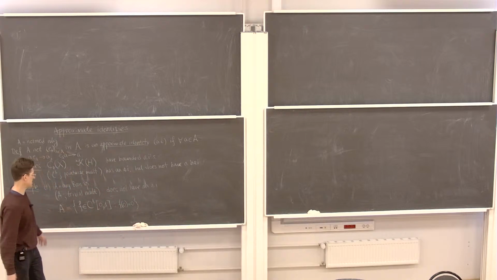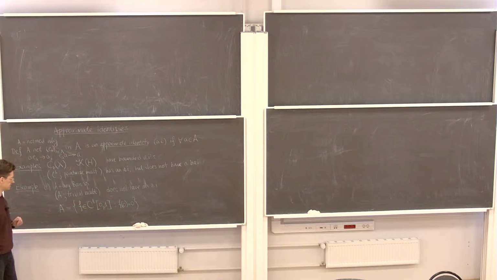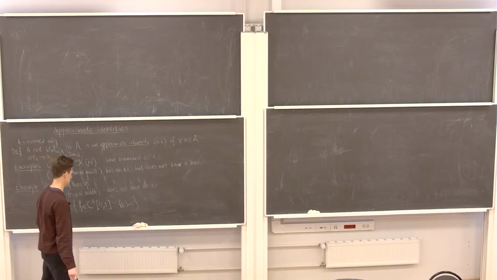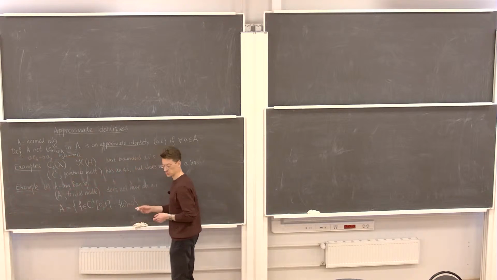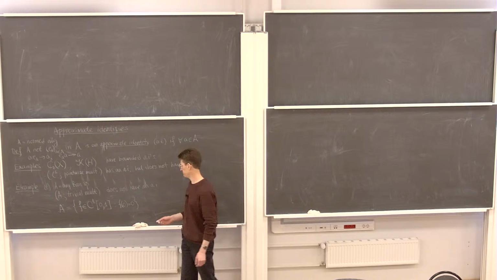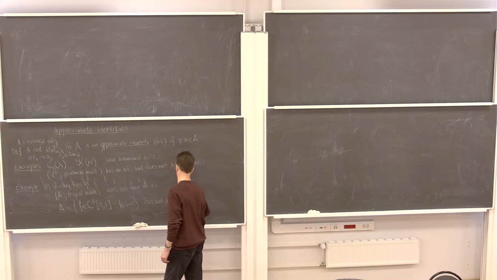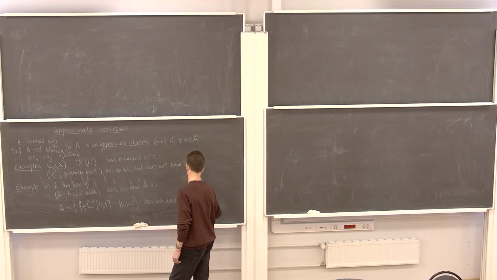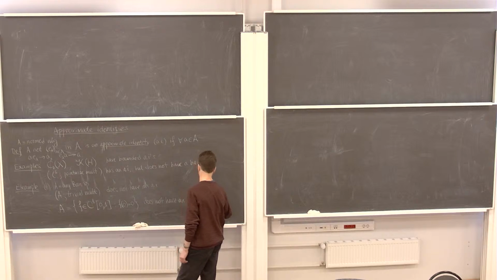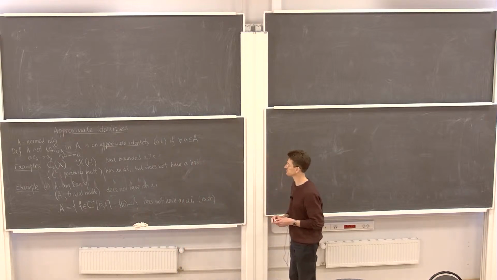So this is a maximal ideal in C1, C01. Then it's a simple exercise to show that this algebra doesn't have an approximate identity. This is a nice exercise.